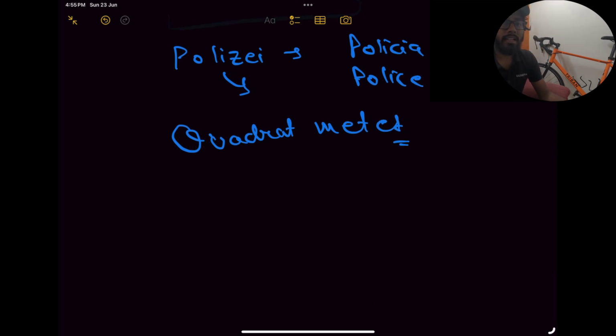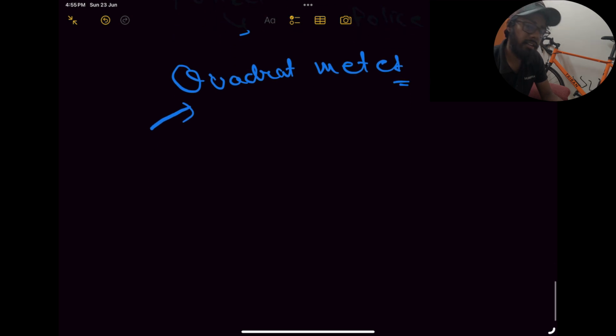Whenever you go to rent a house or a flat, you see how much space it has accordingly. Let's say if two members are living, you will find accordingly how many Quadratmeter you need in that flat. So this is that thing which you consider while taking a flat on rent. So Quadrat. I guess this is not very confusing. I am not telling those words directly so that you can run your mind.